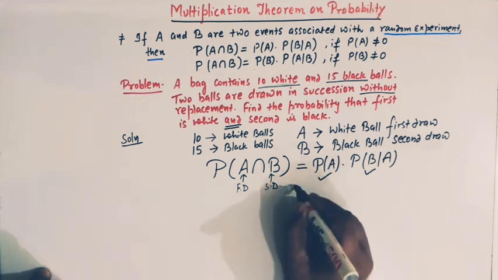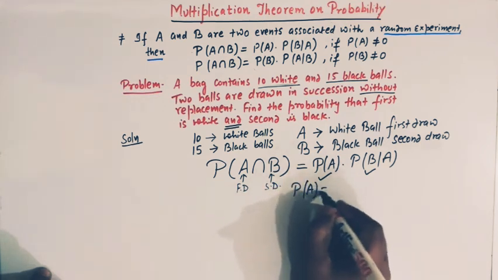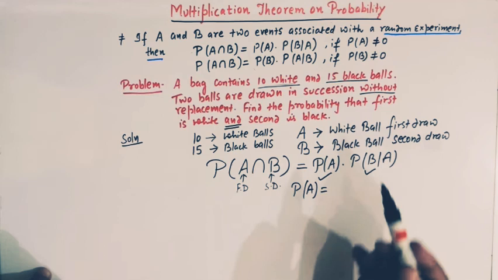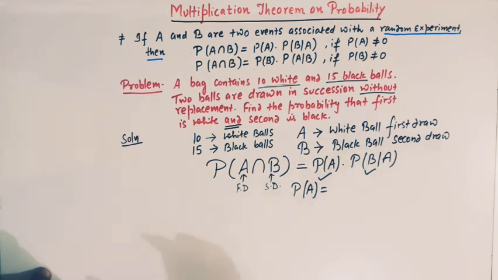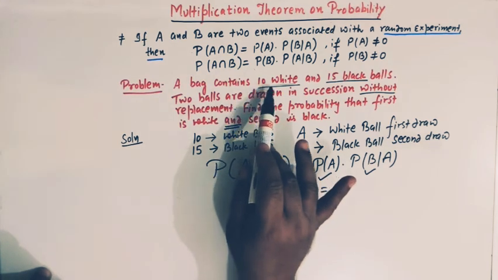Now P of A is the probability of getting a white ball in the first draw. So how many balls are white?